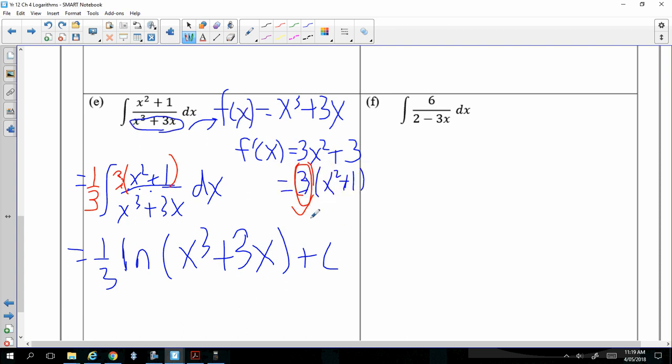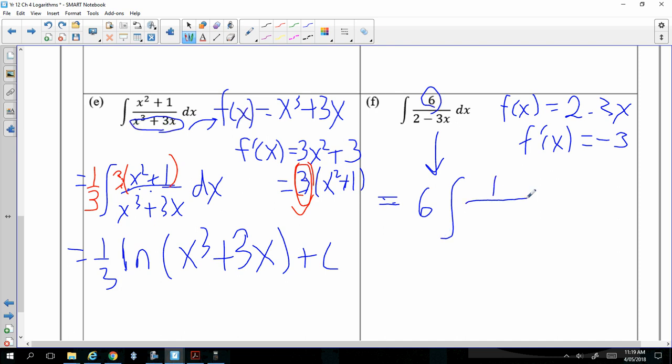So we write f of x equal to 2 minus 3x. Then you differentiate, which is negative 3. I want negative 3, but the numerator is 6, isn't it? So what you could do is take the 6 out first.